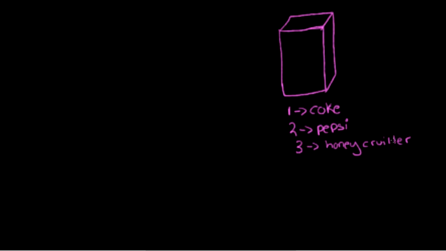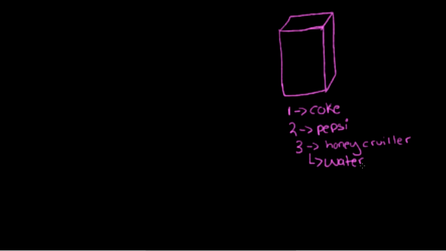Now this vending machine is a functioning vending machine because whenever you input a number, you get an output of a certain product. For example, you input 1, you get Coke, 2, you get Pepsi, and so on and so forth. Now what if when you press 3, you also get water?